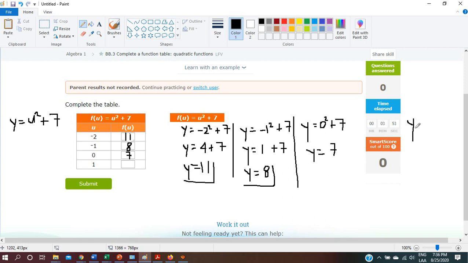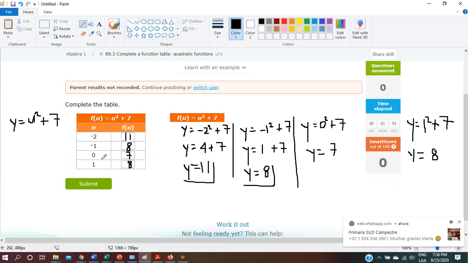When u equals 1, 1 squared plus 7, so y equals 8, exactly as when u equals -1. So we have two similar ones. These are going to be our answers: 11, 8, 7, 8.